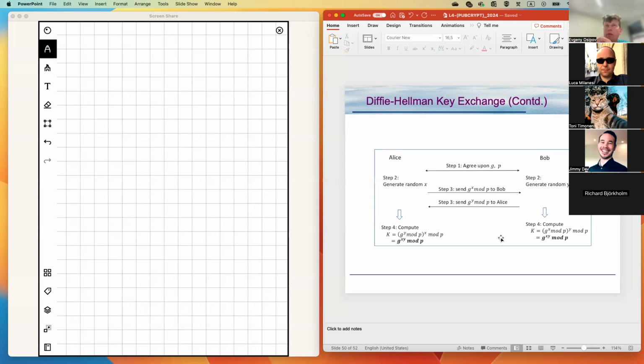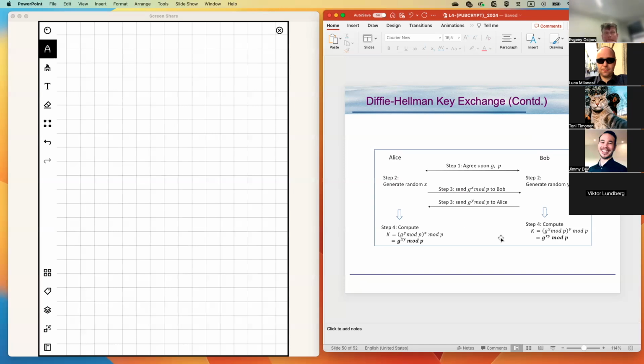So, what kind of attack is still applicable to this key exchange scheme? I give you one minute.